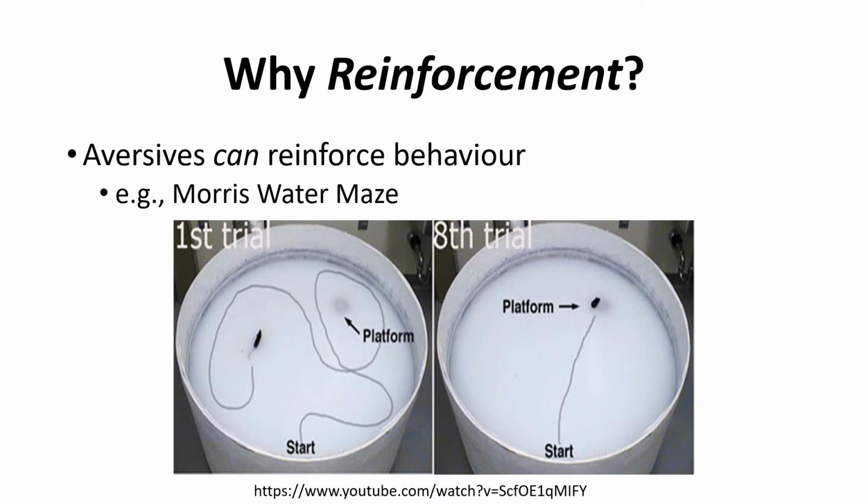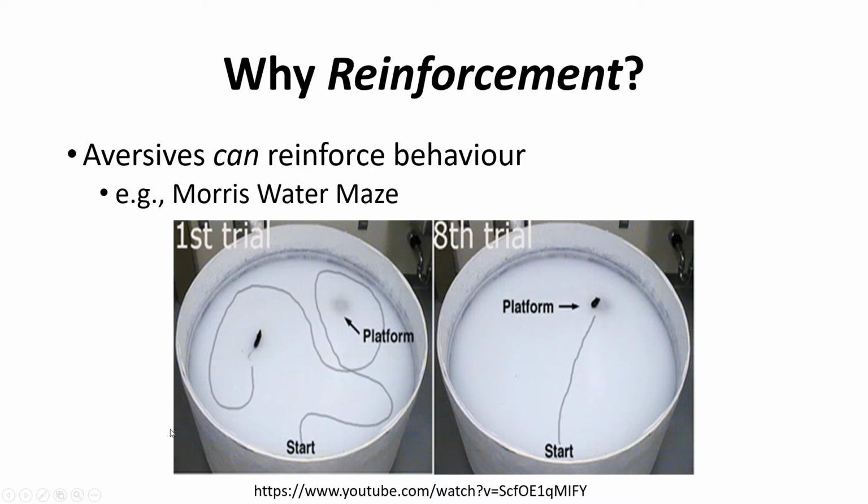So pretty much exclusively positive reinforcement, simply because that is the easiest way to talk about these concepts at first. We'll expand a little bit later on. I did mention previously that we can have things like negative reinforcement, where if you have aversives, so things that are not reinforcers, that can end up reinforcing behavior, so escape behaviors.